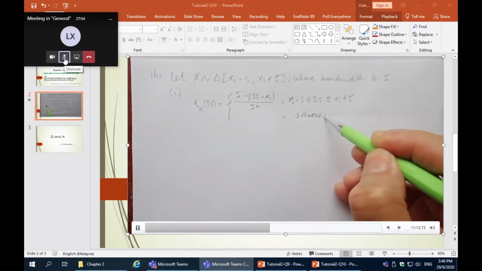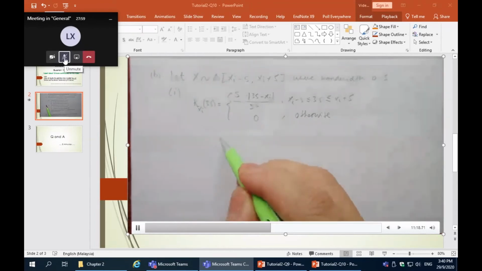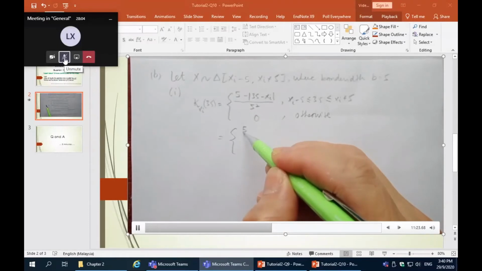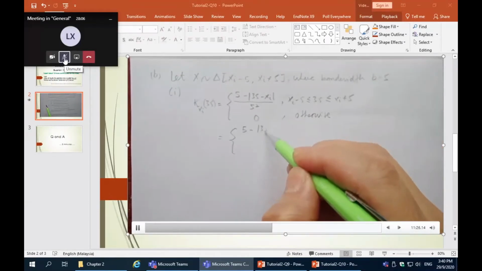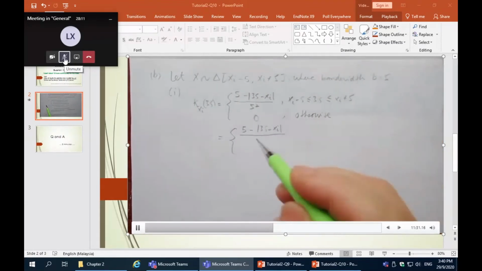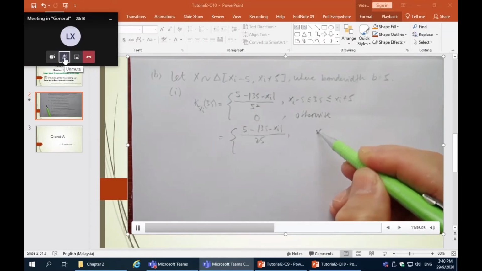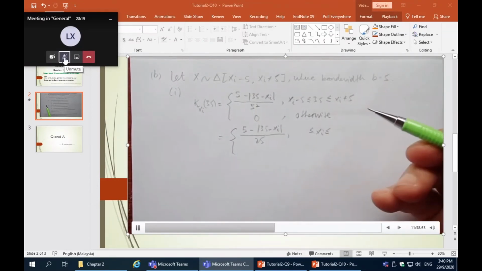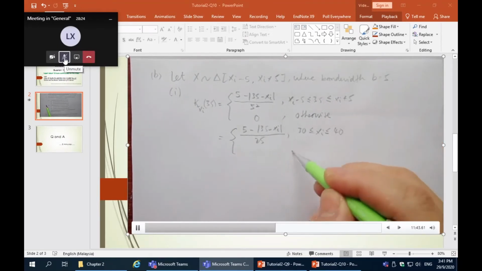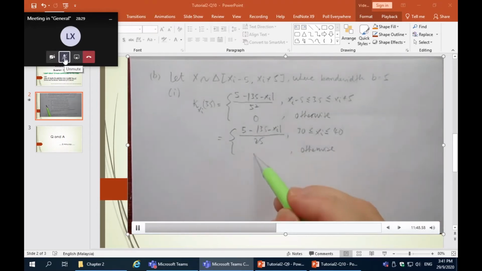Other than this interval, the k value will be 0. If we simplify, then we will have the following: 5 minus the modulus of 35 minus xi, divided by 25, in this interval, that is, xi is bounded from 30 to 40. Other than this interval, the k value is 0.